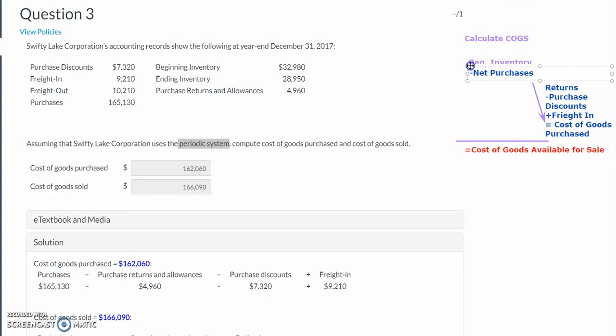So out of all of the inventory that you have available for sale, you're actually going to be selling off some of that inventory. So you're going to need to consider that as part of your cost of goods sold. But because you don't really know how much of your inventory has sold, you don't have a system to keep track, you're going to count your ending inventory at the end of the accounting period.